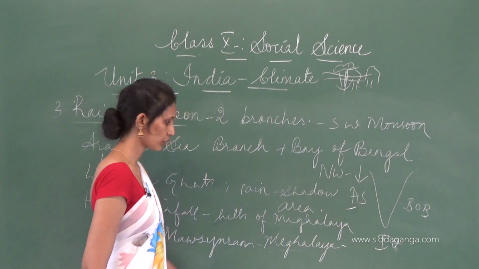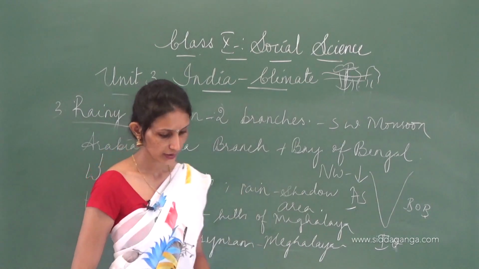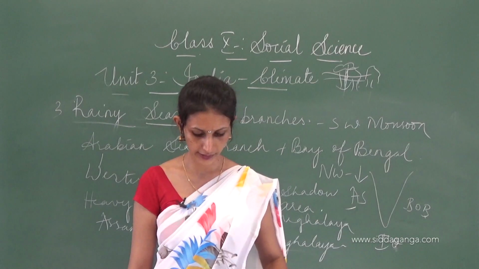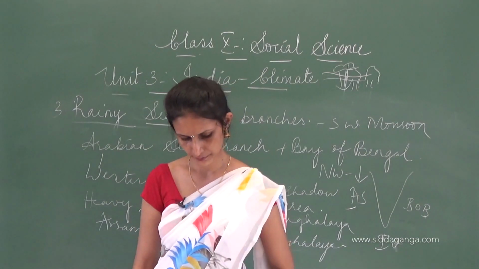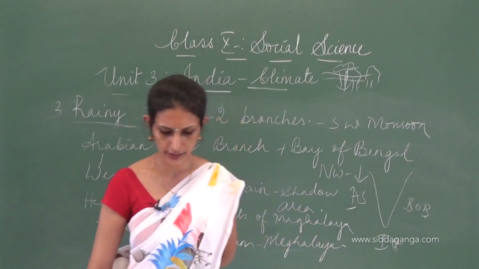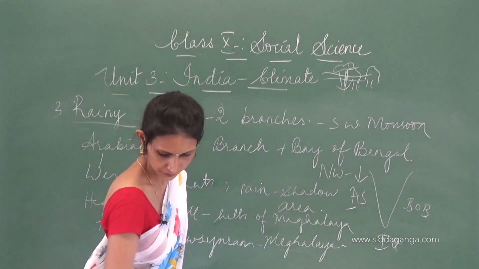As it goes to the northwest, the rainfall starts to decrease. So, this is the rainy season. Moving further, we will understand the retreating monsoon season.